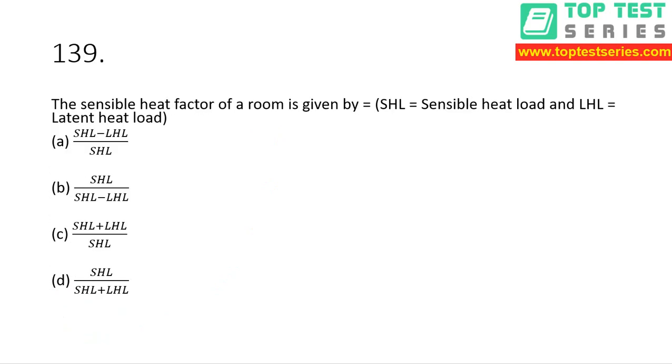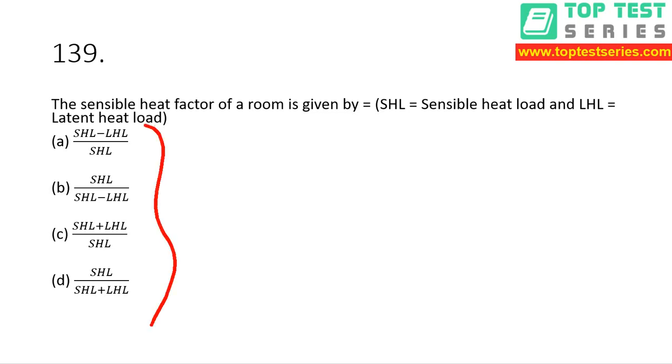Question number 139. Amazing question. We have already done this. If you are following my questions, I think in 2019 or this year even, they asked a question using this formula in ESC. The sensible heat factor of a room is given by which formula?